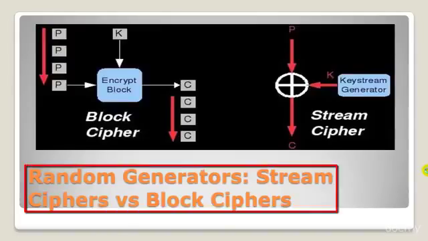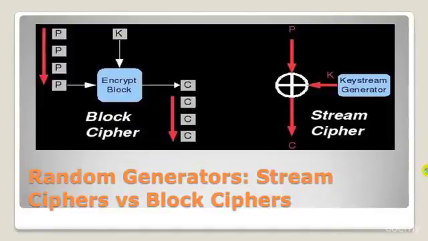After that we have random generators, that's stream ciphers versus block ciphers. The second basic cryptographic primitive is the random generator, also known as a key stream generator or a stream cipher. This is also a random function, but unlike in the hash function case, it has a short input and a long output.